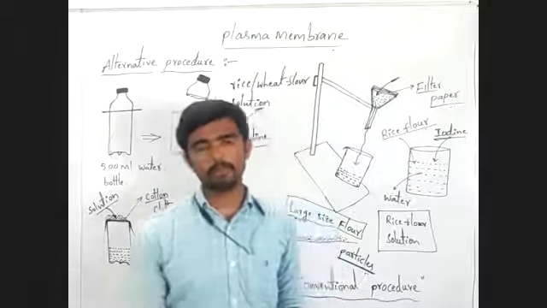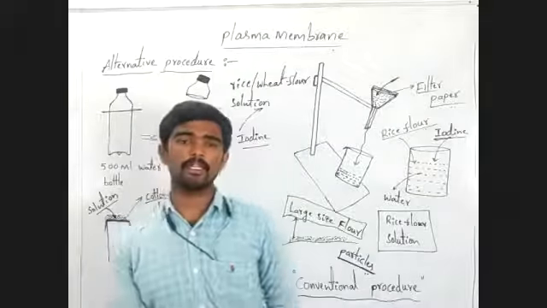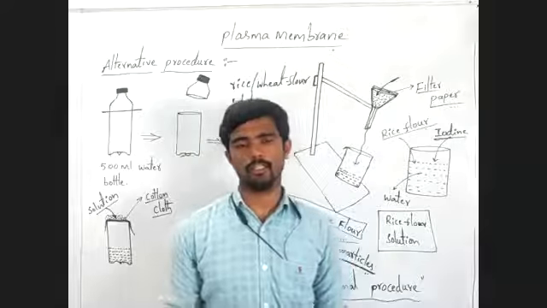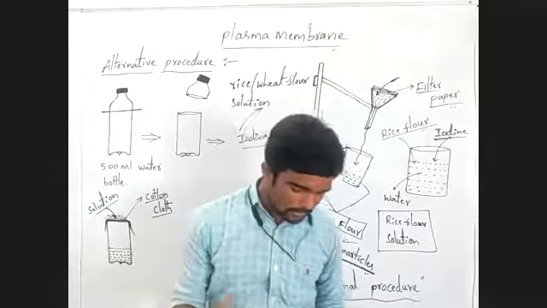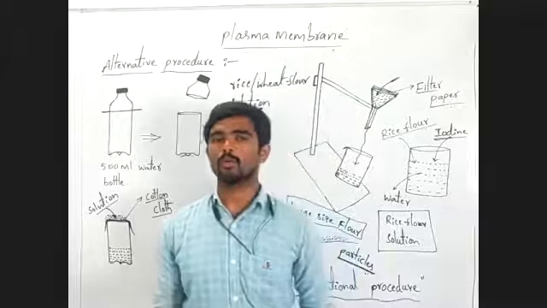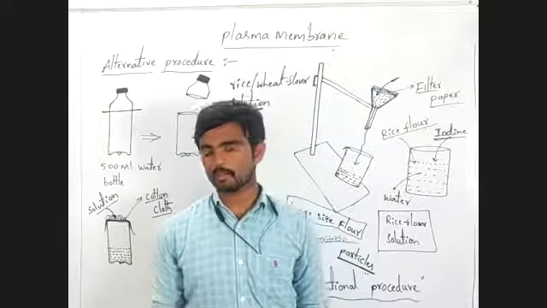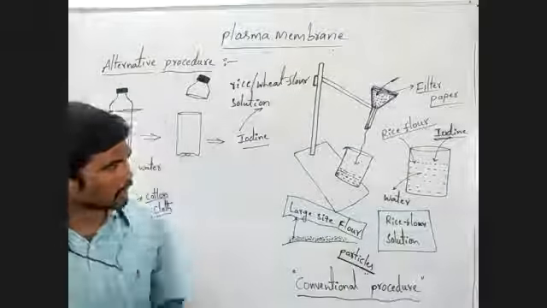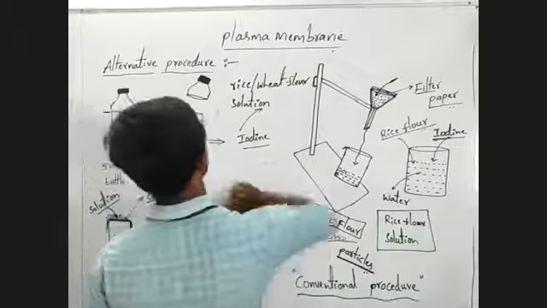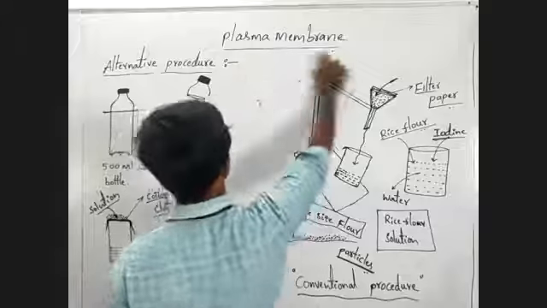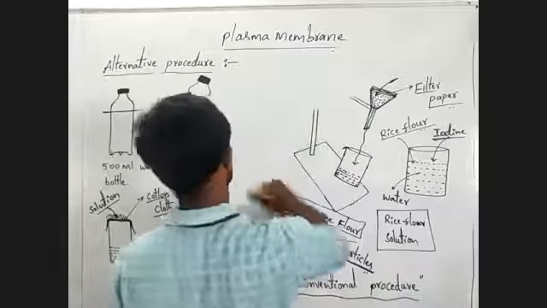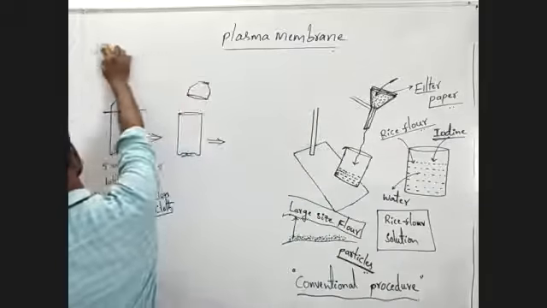Means the plasma membrane selects the materials to pass through it. That is why the plasma membrane is also called a selectively permeable membrane.